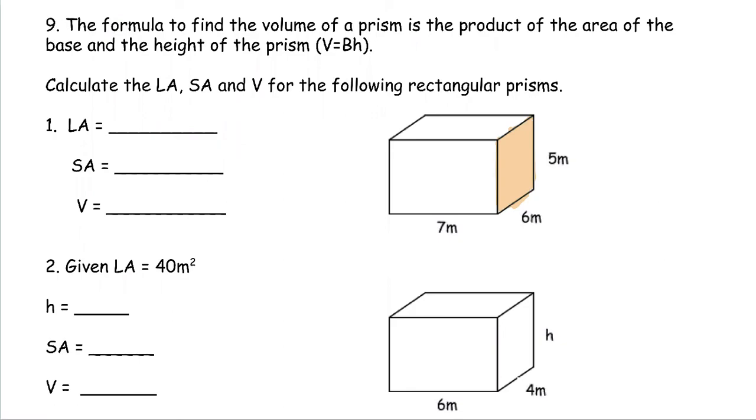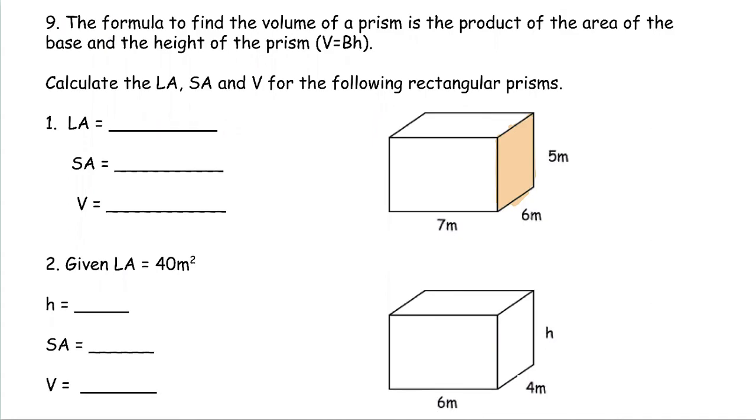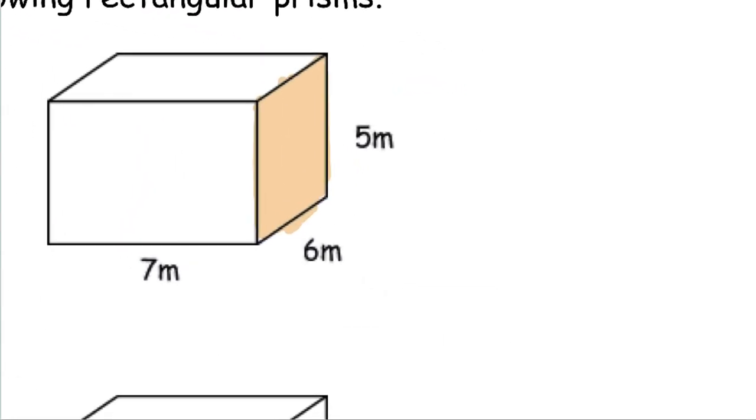I like to find three things whenever I first start out, before I ever plug anything into a formula. Let's zoom in here: the perimeter of the base, the area of the base, and the height between the bases. If I can find those three things, I can plug them straight into the formula.